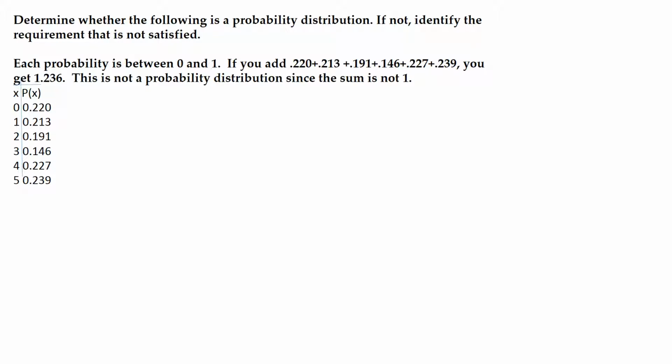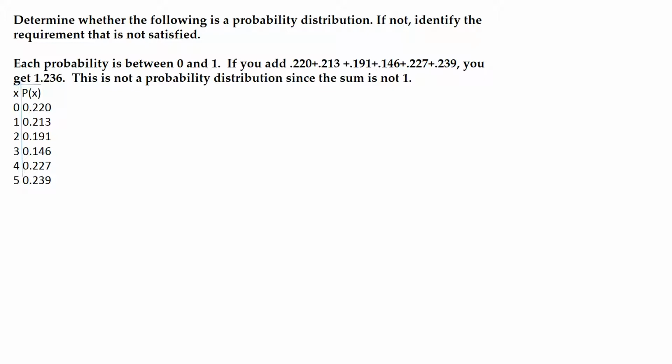Question 6. The values of x are 0, 1, 2, 3, 4, and 5. And the values of p of x are 0.2, 0.213, 0.191, 0.146, 0.227, and 0.239.